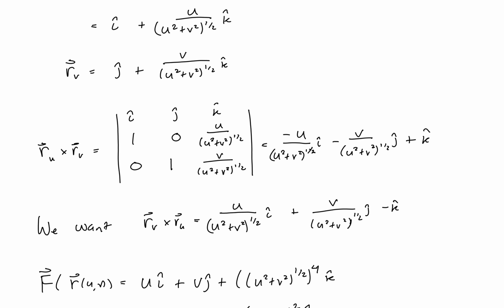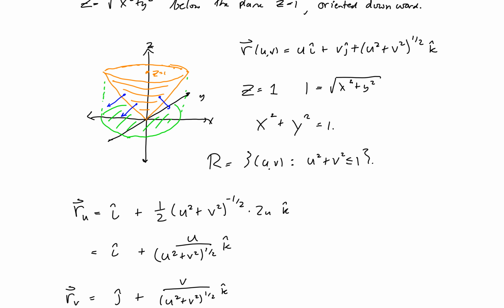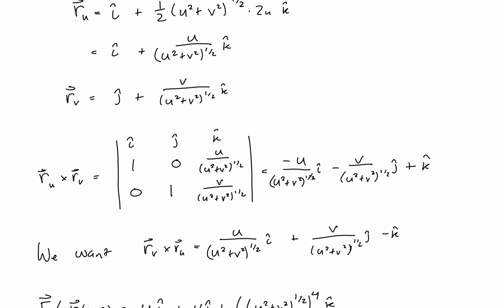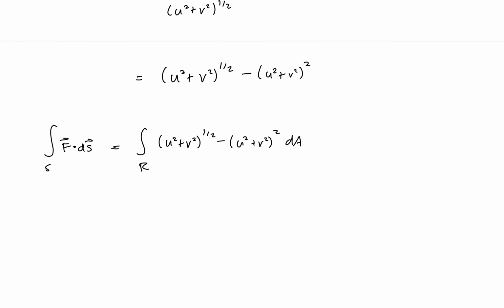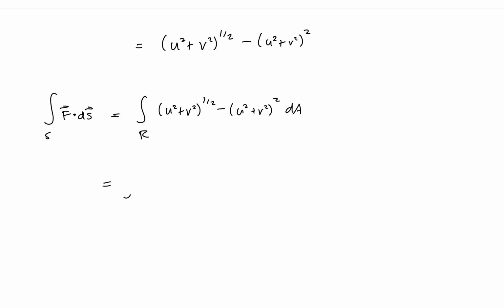Our region we wanted to integrate over, if we look back up here, was a disk of radius 1. And we have a bunch of u squared plus v squareds here. So it's best to put this in polar coordinates. So then our limits go from 0 to 1 and 0 to 2 pi. And then I get (r squared) to the 1/2 minus (r squared) squared r dr d theta.